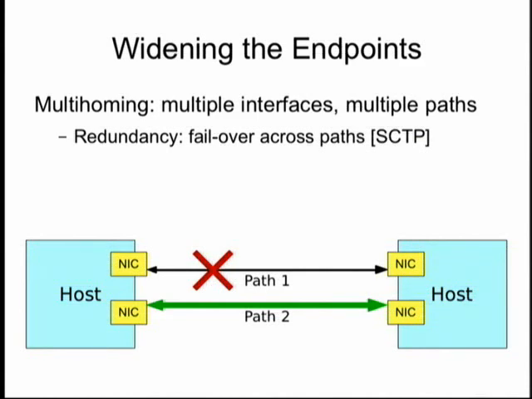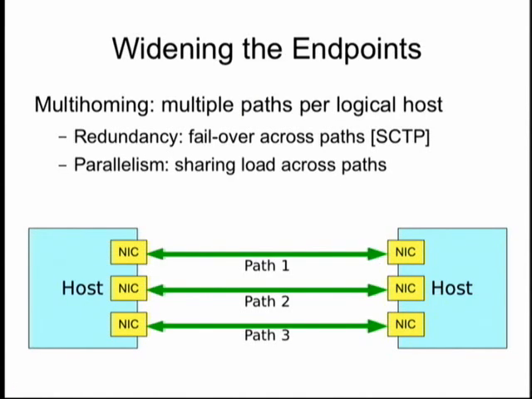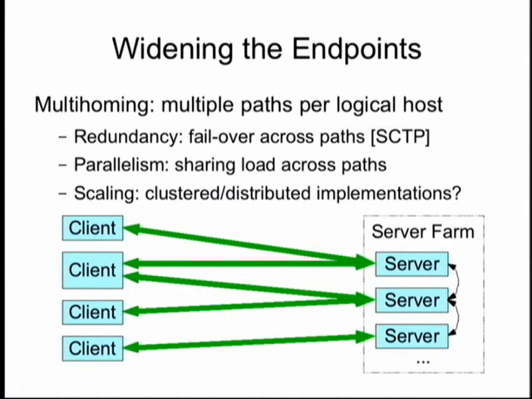SCTP has already explored this by providing the notion of a multi-homed transport, where the logical transport can have multiple endpoints and multiple paths between two endpoints, which can be used for failover. There was also some research done in extending SCTP for actual simultaneous multipath transmission. Obviously that's useful and an important thing to be able to do in the future.